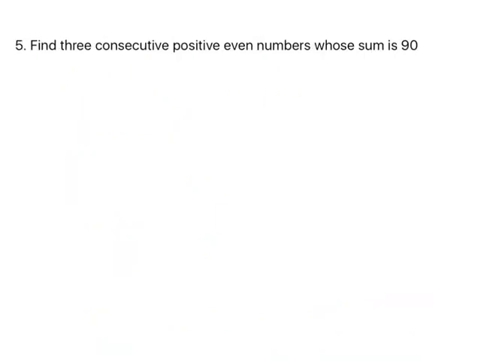Next question: we have to find three consecutive positive even numbers whose sum is 90. If we take our first number as x, clearly another number will be x plus 2 and the other one will be x plus 4.